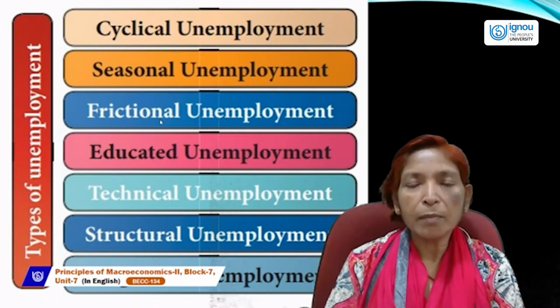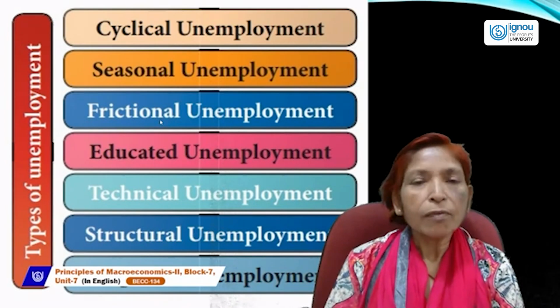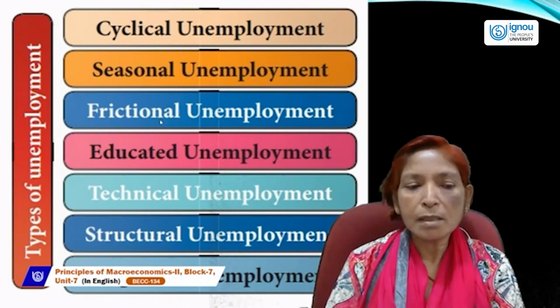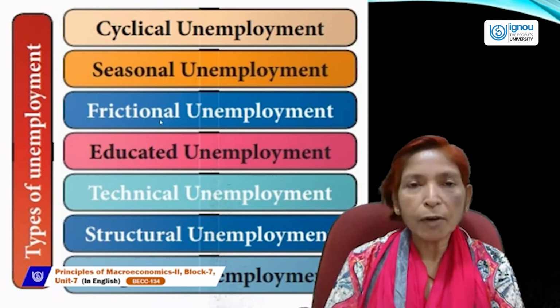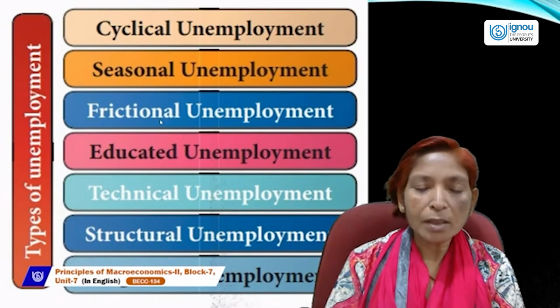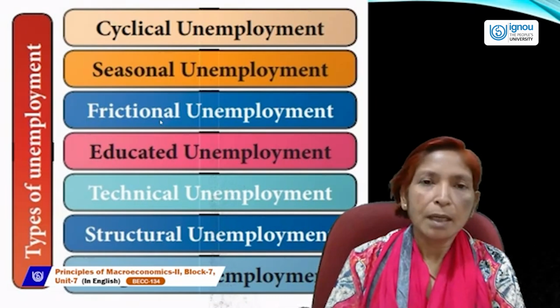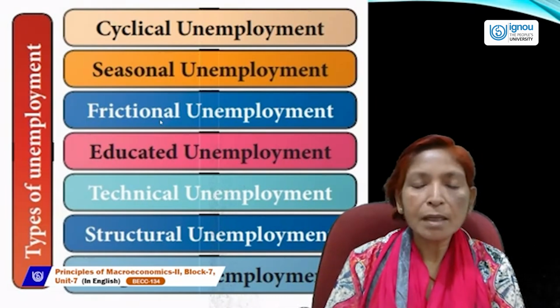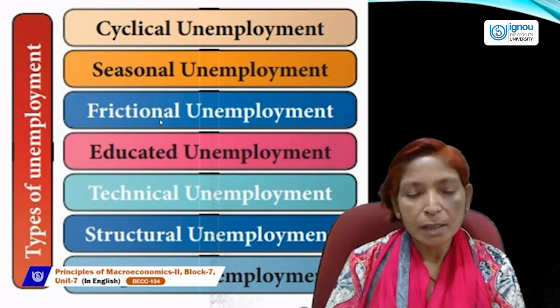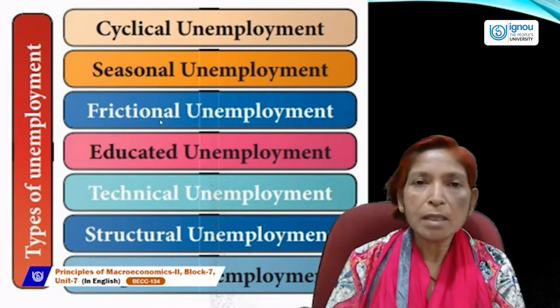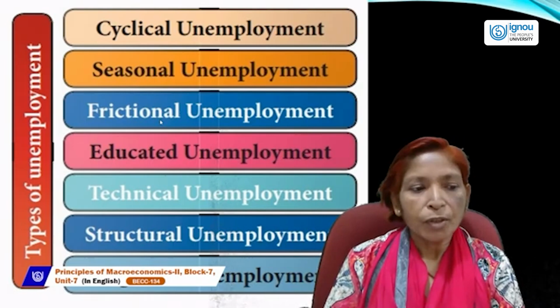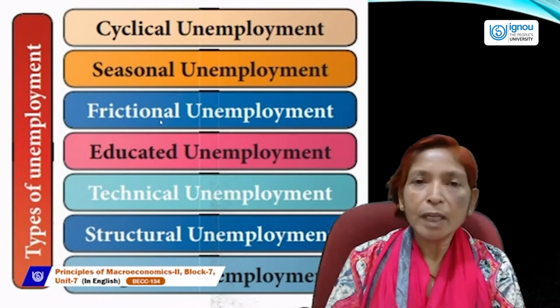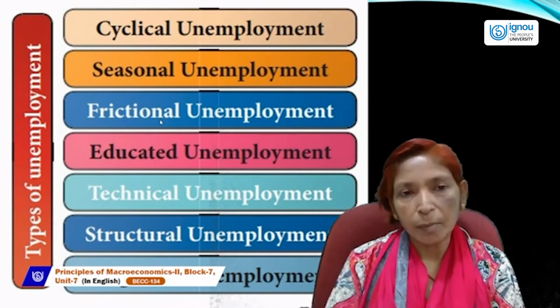The third type is frictional unemployment. The fourth type is technical unemployment. The fifth type is structural unemployment. And the last one is disguised unemployment, which is also known as hidden unemployment. So these are the various types of unemployment.